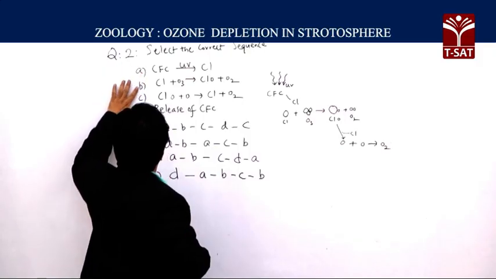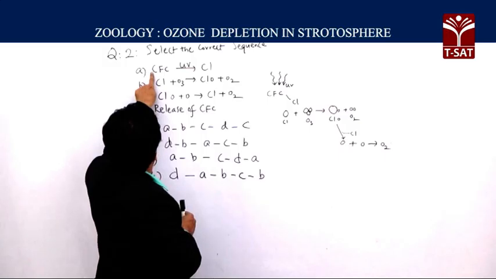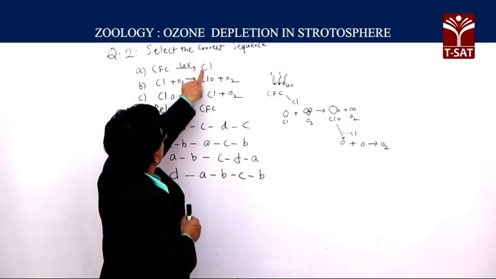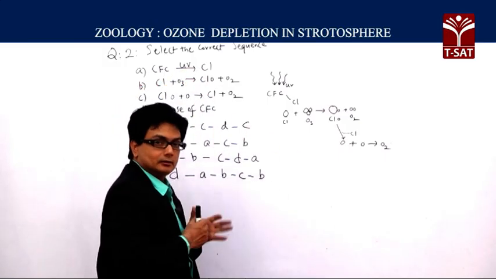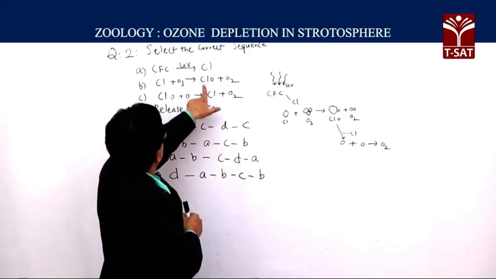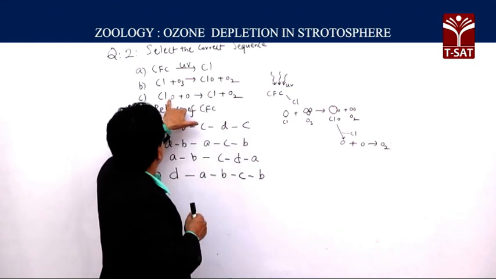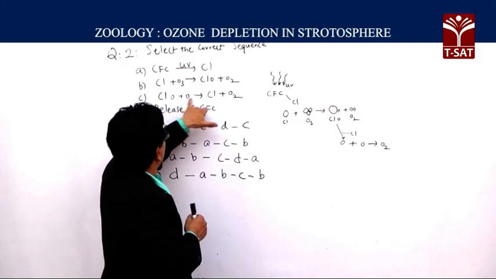Now, there are A, B, C, D given here. The A, chlorofluorocarbons, because of the UV radiation, the Cl is removed from it, and Cl reacts with O3 and then gives ClO plus O2, and here ClO will actually break up, and this O and O will form the O2.